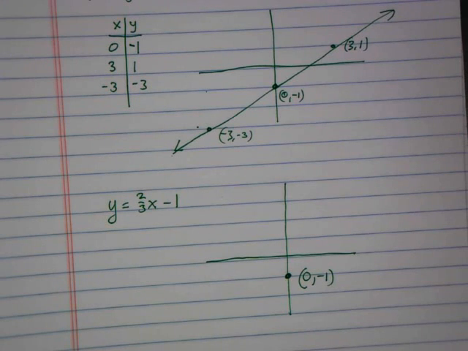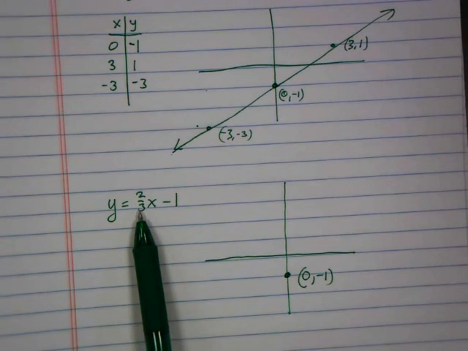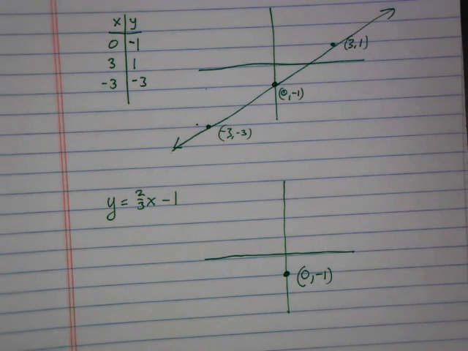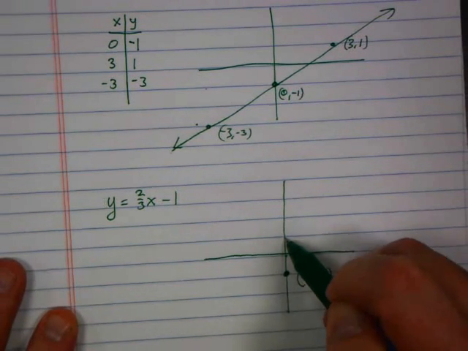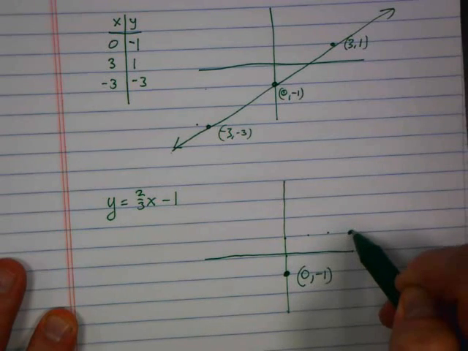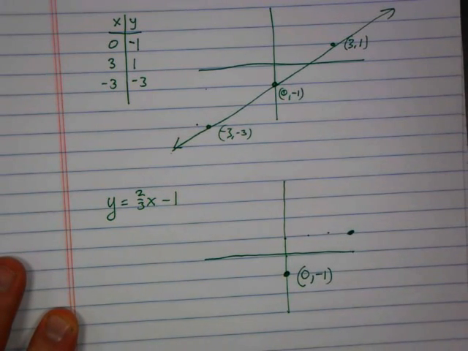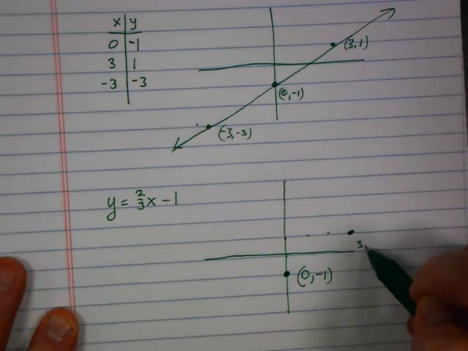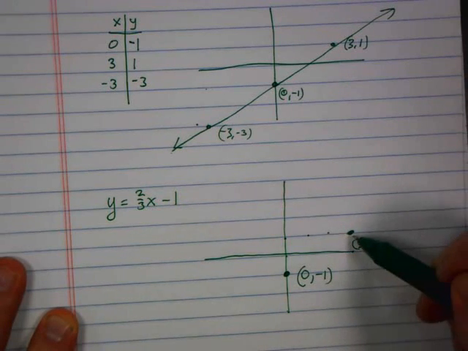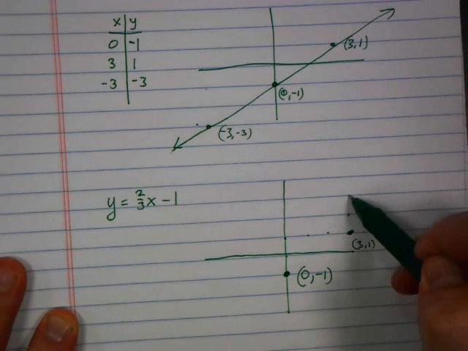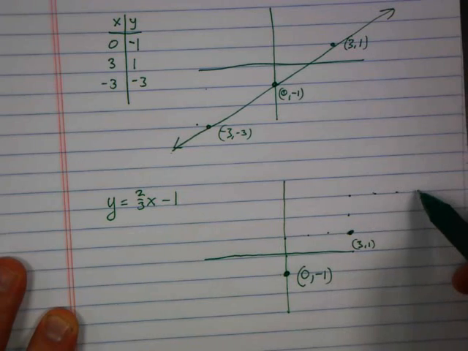Then what did we do? We use the slope, and the slope is 2/3. So it told us to go up 2 and over 3. And that would be the point 3, 1. And then if I wanted to do it again, I could go up 2 more, over 3.